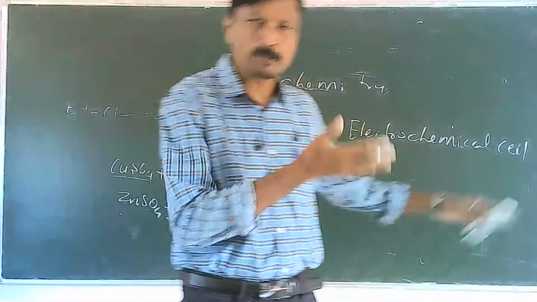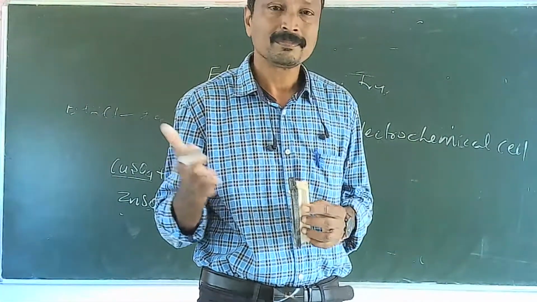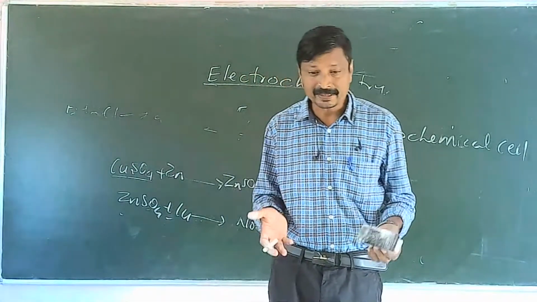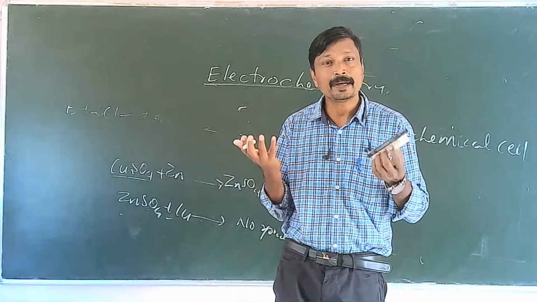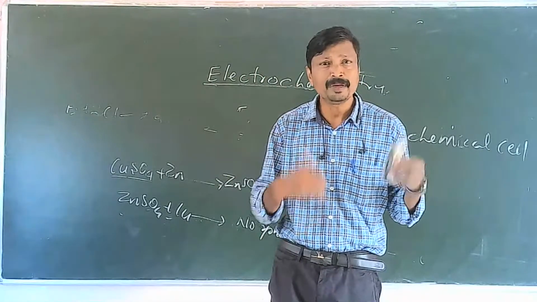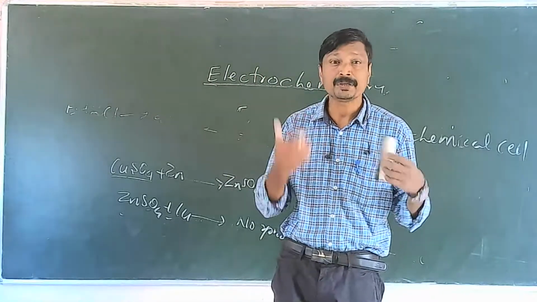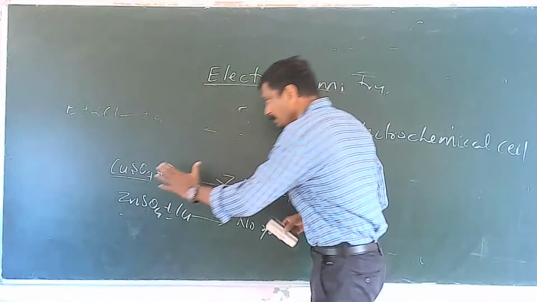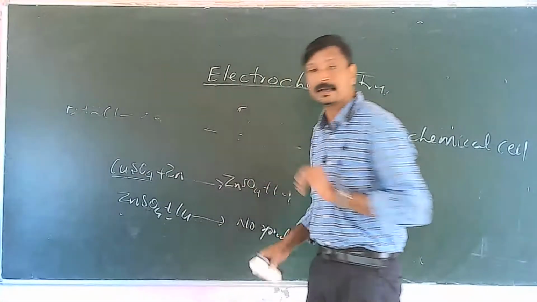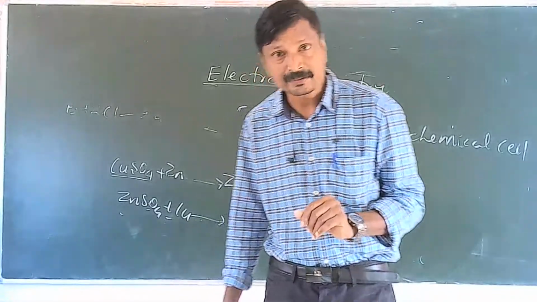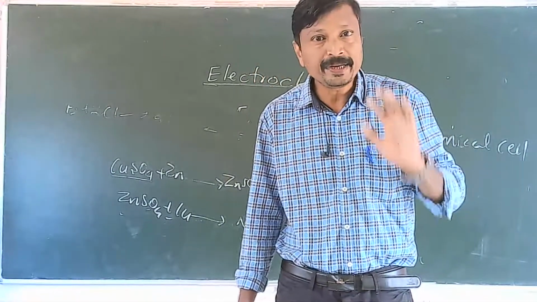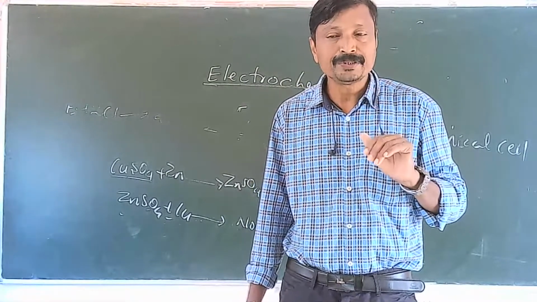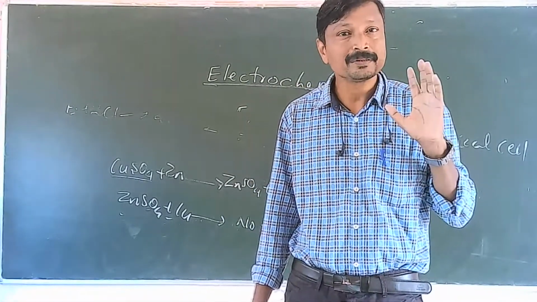Suppose the wind blows spontaneously, its energy is decreasing, and that energy can be converted into electrical energy. Here also, if this reaction takes place spontaneously, the free energy decreases, and you can convert this free energy into electrical energy.